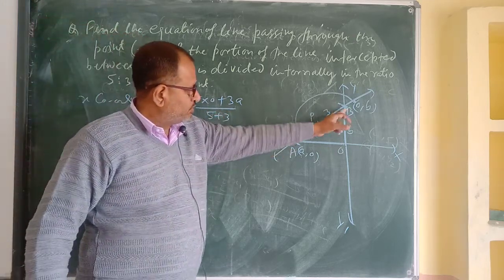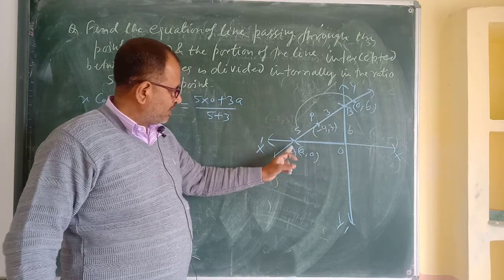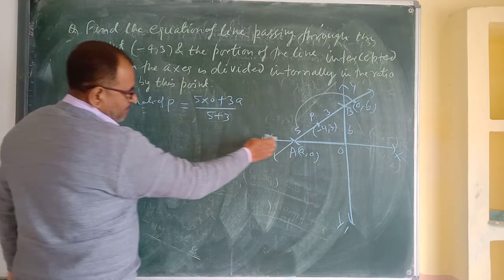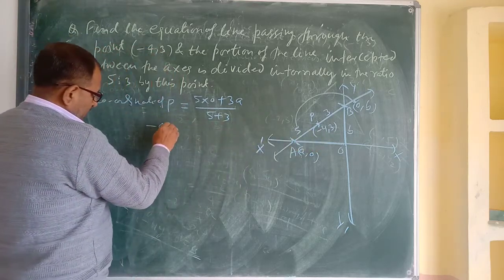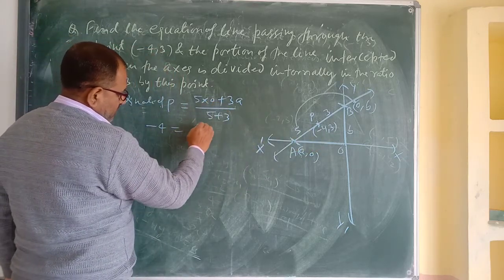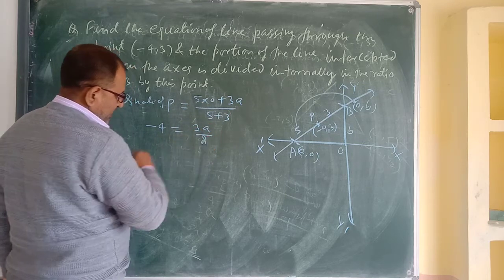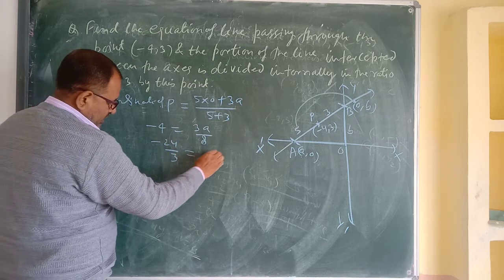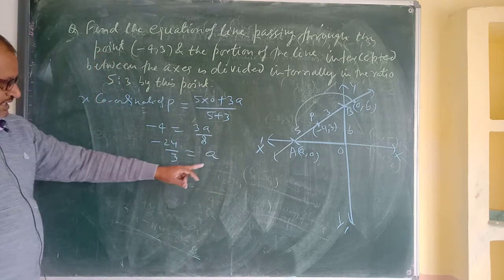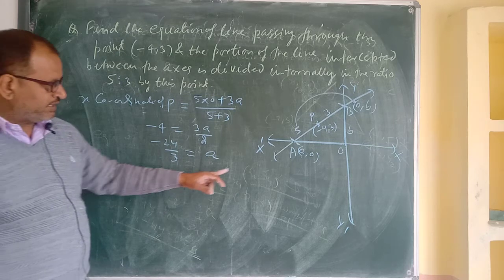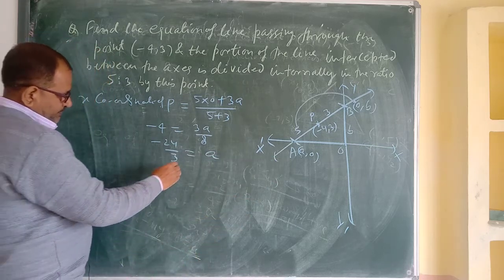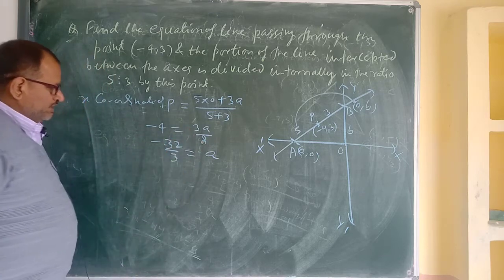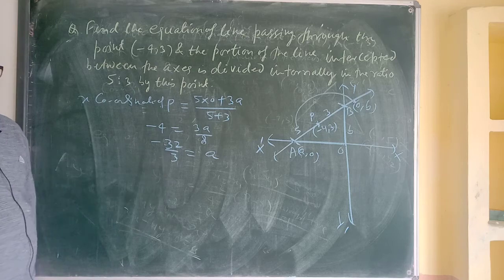And the x coordinate of P is given as minus 4. So minus 4 is equal to 3a upon 8. Cross multiply: a is minus 32 upon 3. So the x-intercept a is equal to minus 32 by 3.